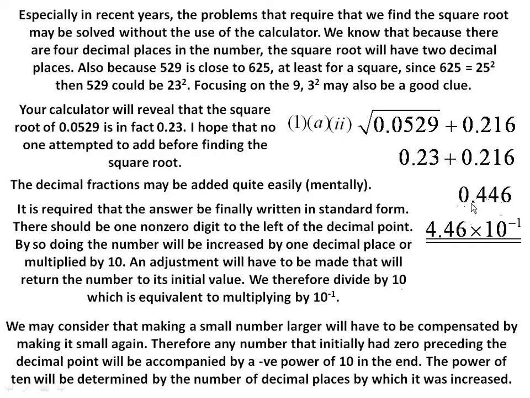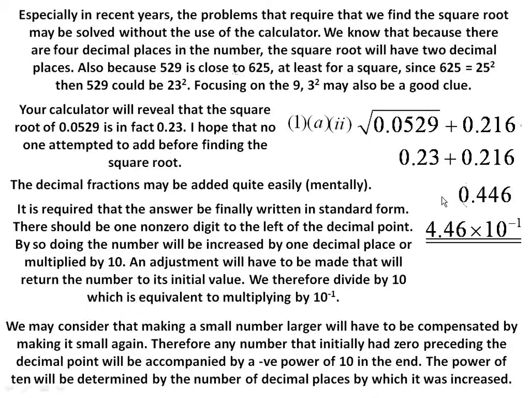In the end, that number will have to be accompanied by a negative power of 10, because having 0 here means that we can only, by writing it in standard form, increase its value. Therefore, we will have to decrease its value again.